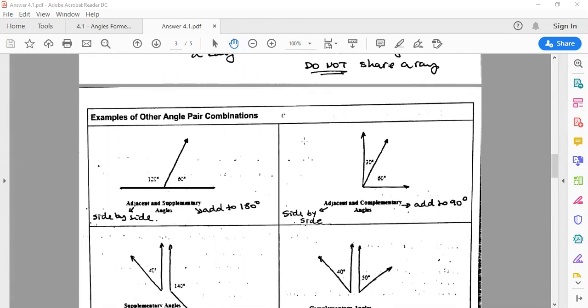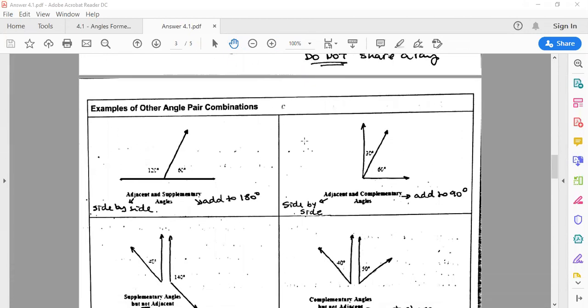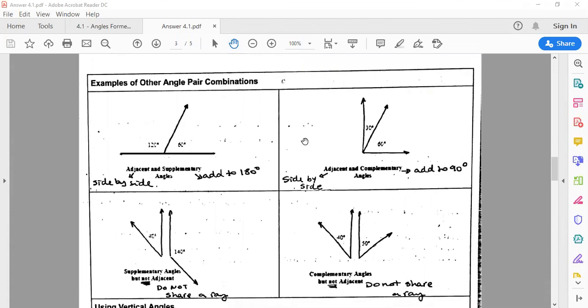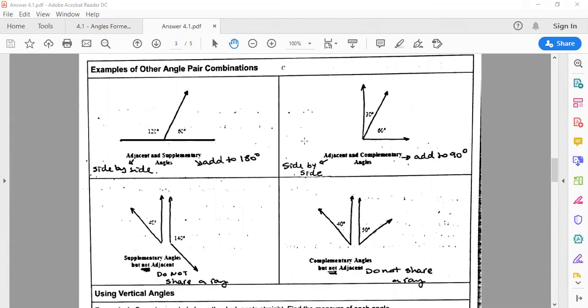Let's check some more examples of other angle pair combinations. So now we're looking at adjacent and supplementary, or adjacent and complementary, okay? They can be both, right? So in this first box here, we have a set of adjacent angles, right?